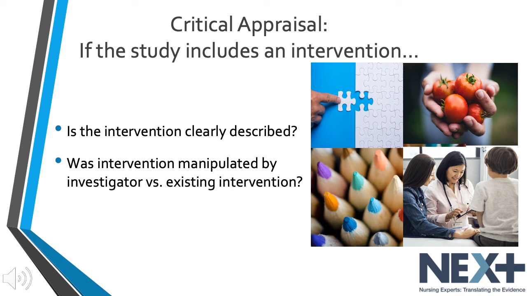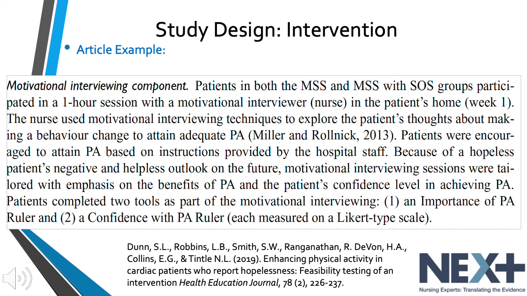When there is an intervention, the reader can appraise the article further by asking, is the intervention clearly described? Was the intervention manipulated by the investigator versus an existing intervention? Let's look at an excerpt from an article by Dunn and colleagues.